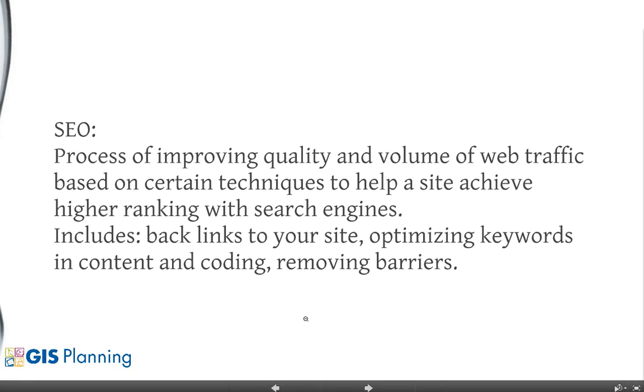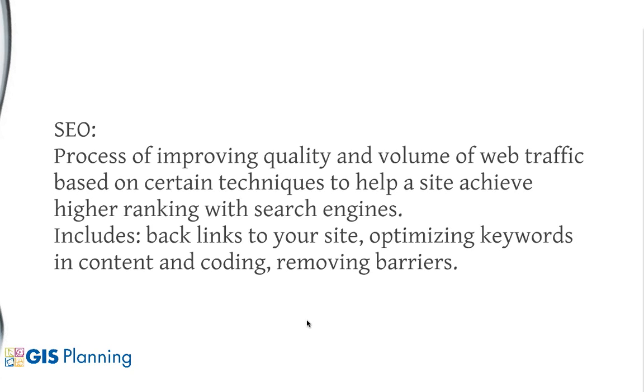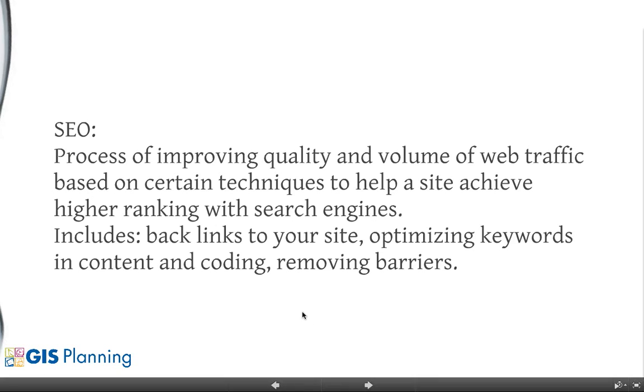Well, it's a little bit of a complicated secret sauce when it comes to calculating algorithms, and people will hire professionals to do this. But there are some things that you can do without spending any additional money on consultants, which is making sure that you have backlinks to your sites in a variety of places, putting it on LinkedIn, creating a showcase page, posting it on social media, using your organizational page on LinkedIn, for example, or partner sites within your community, optimizing keywords and content and coding.